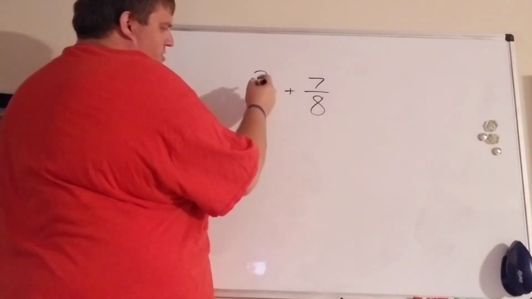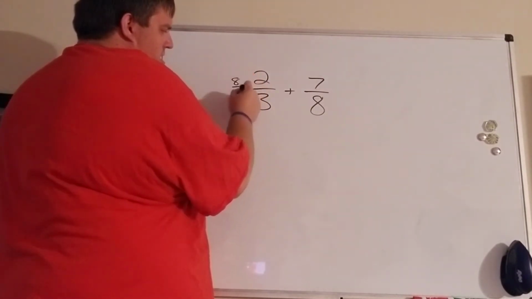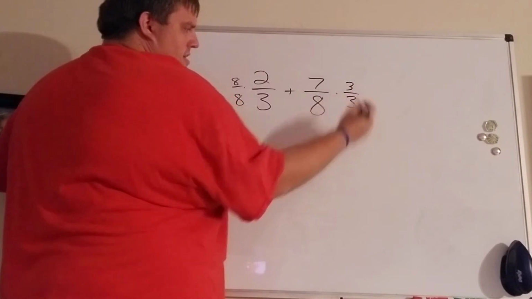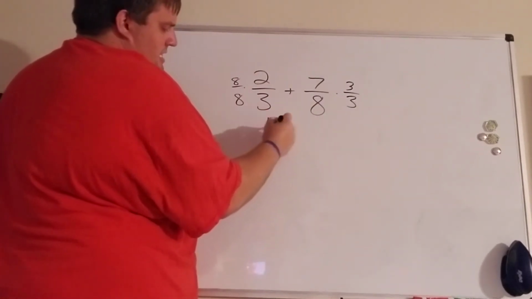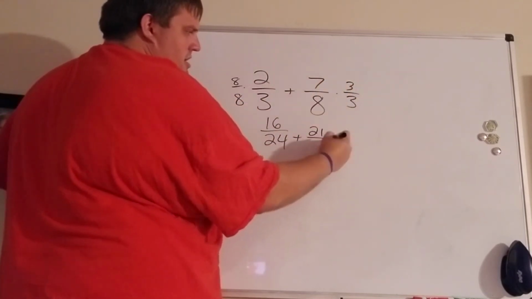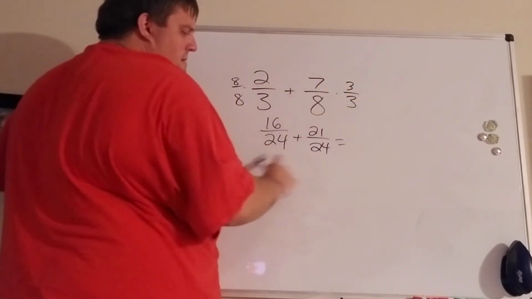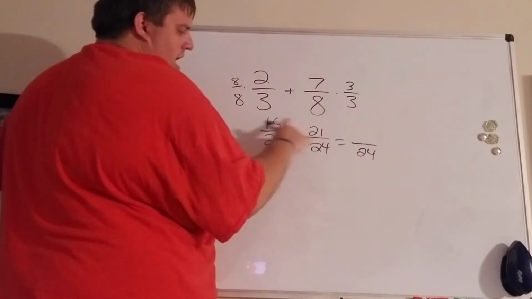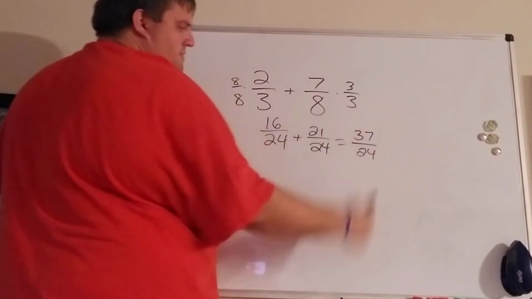Make them 24. So I'm going to multiply this one by 8s. I'm going to multiply this one by 3s. That's going to be 16 24ths plus 21 24ths. And remember, when we add with common denominators, we keep the denominator, but we're going to have 37 24ths.